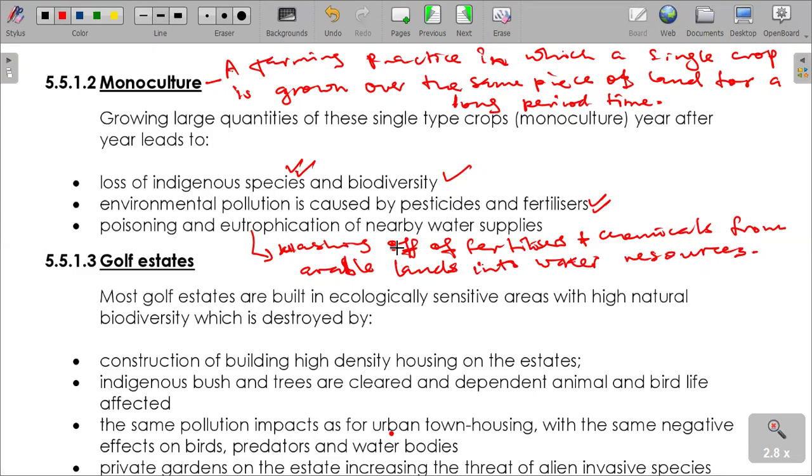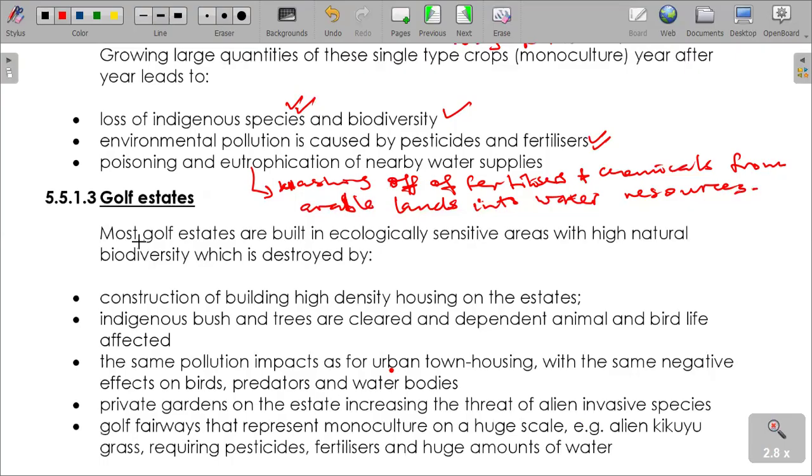Those water-loving plants also cause problems in terms of deoxygenating water bodies, which would cause our water organisms to die. That is also a compromise with regard to biodiversity.